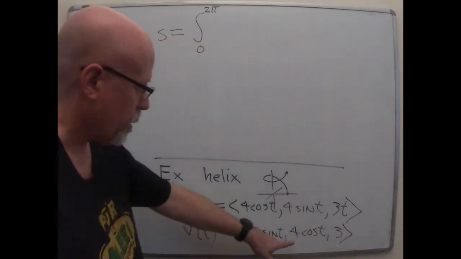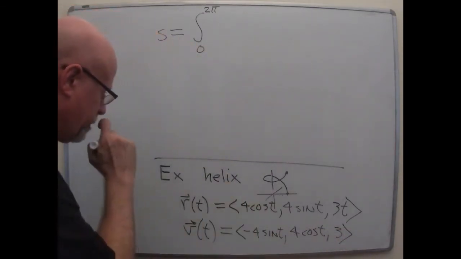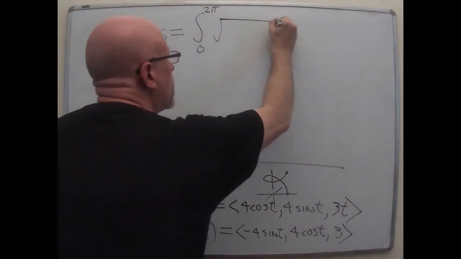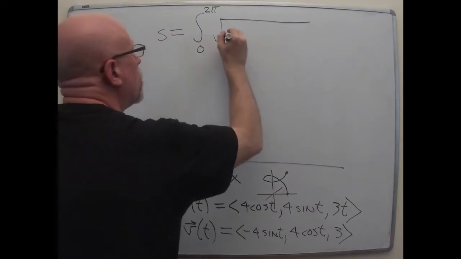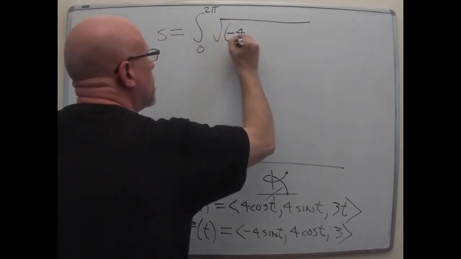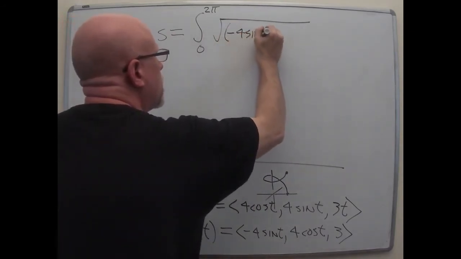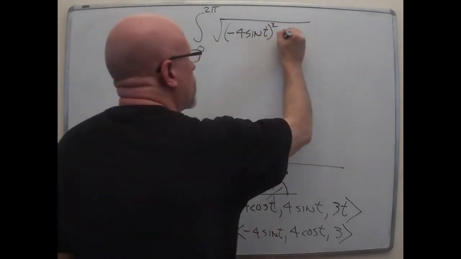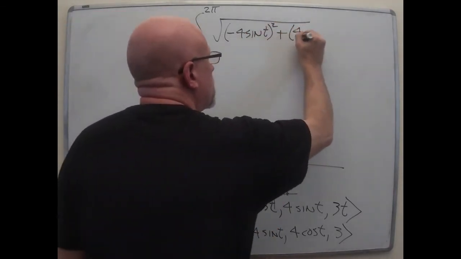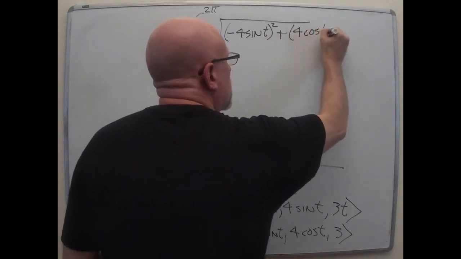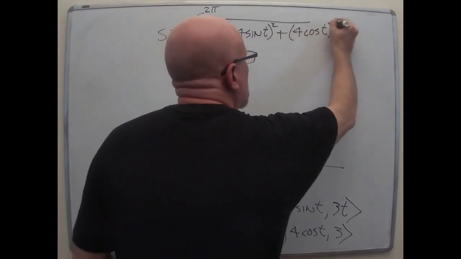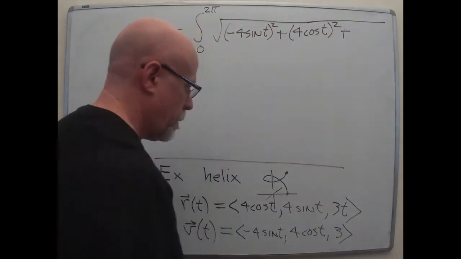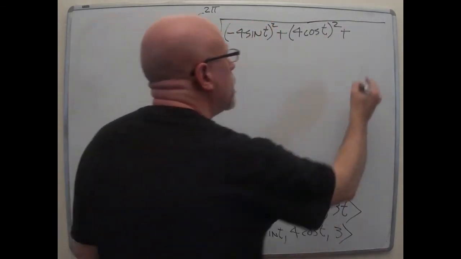So that's our f prime, our g prime, and our h prime. We want the square root of minus 4 sine t squared plus 4 cos t squared, plus 3 squared.